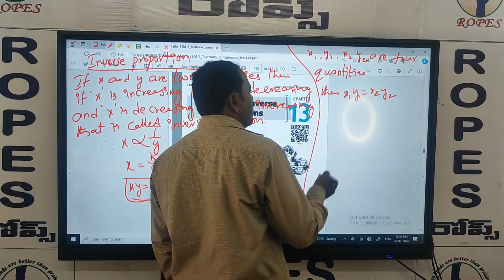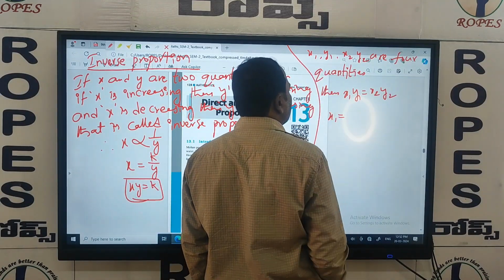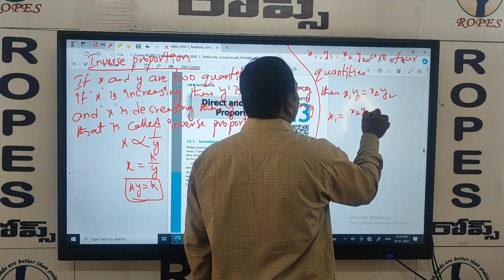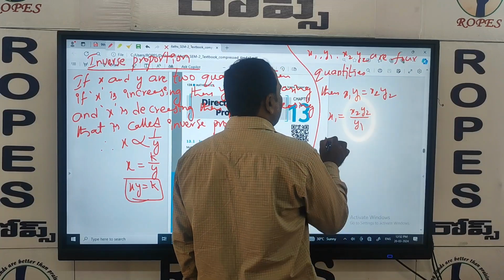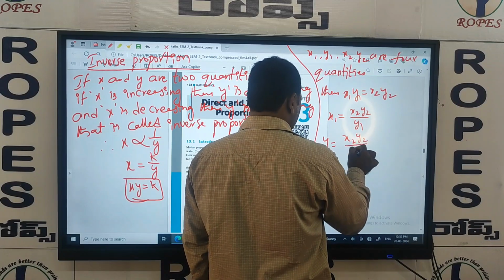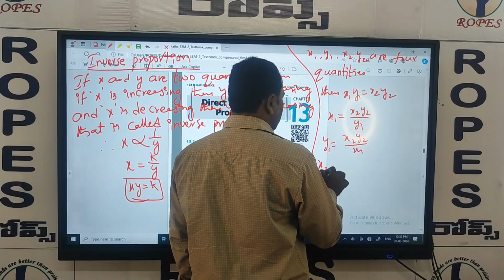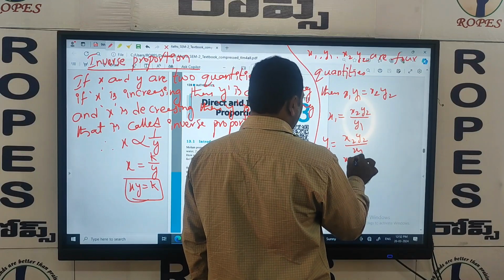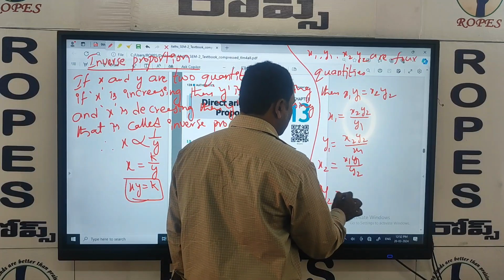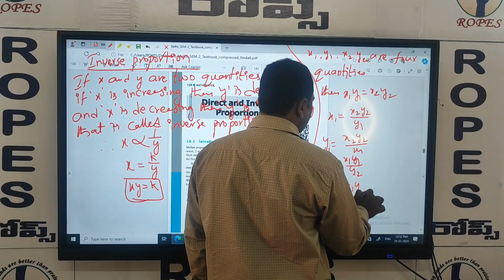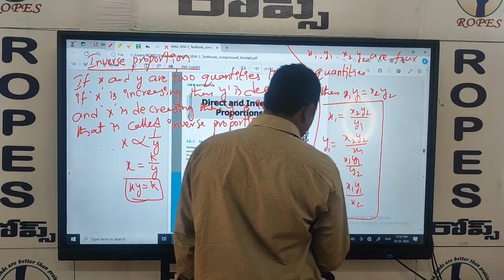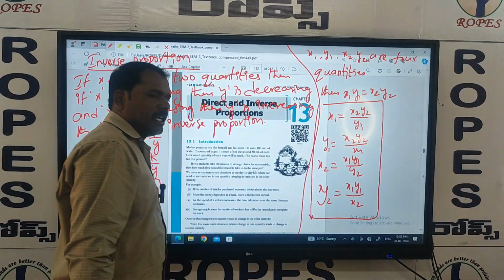From this, x1 is equal to x2 y2 by y1. y1 is equal to x2 y2 by x1, and x2 is equal to x1 y1 by y2. y2 is equal to x1 y1 by x2. By using these four formulas, we can find any quantity among the four quantities.